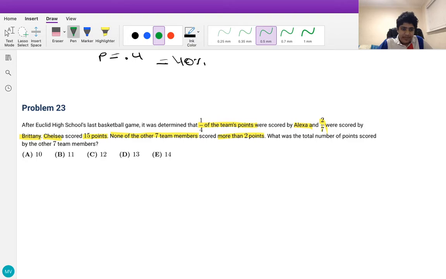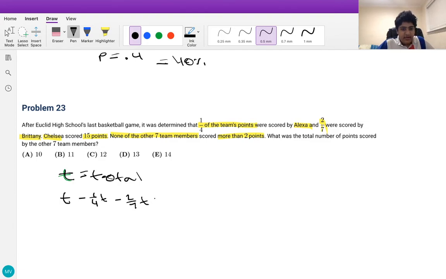Additionally, with Chelsea, the other team members scored a total of, letting T equal total, T minus 1/4 T minus 2/7 T minus 15.